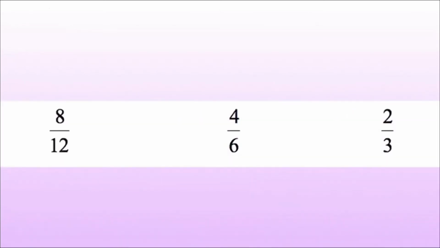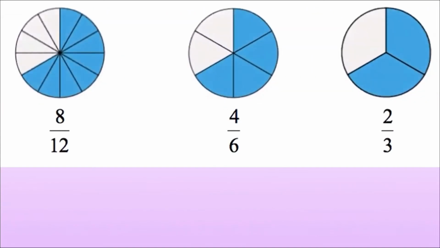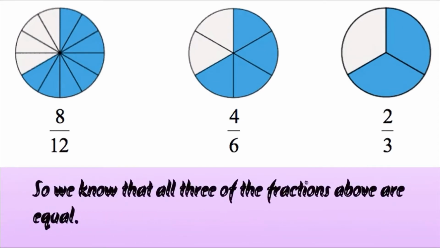So we know that all of them are equal. 8 out of 12, 4 out of 6, and 2 out of 3. They're equal. So now we know that all 3 of those fractions above are equal using our method.